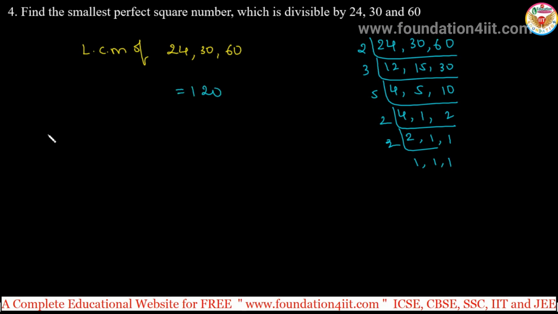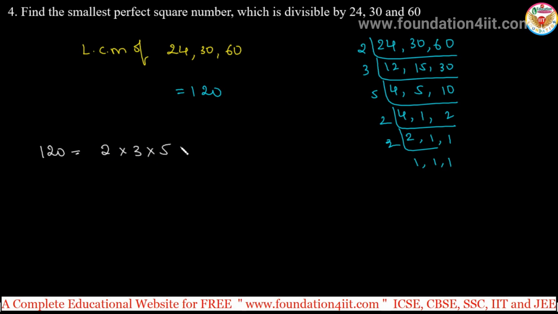Now take this 120 and make it prime factors. That is 2 into 3 into 5 into 2 into 2. So every pair, 2 2 is one pair, but still 2, 3, 5 are alone.